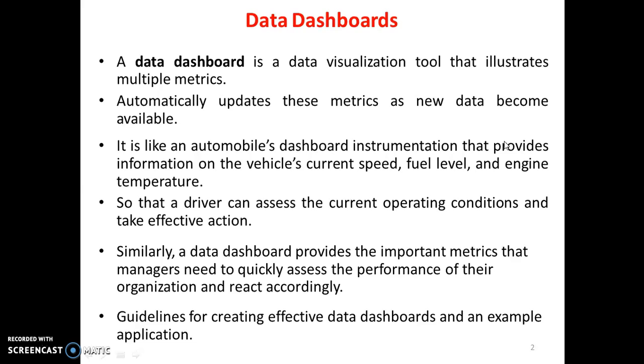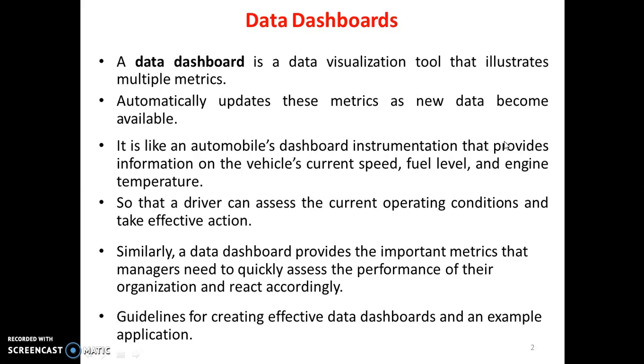For example, if you go by car, in the car there is a dashboard. The dashboard provides details like current speed, fuel level, and engine temperature, so that a driver can assess the current operating conditions and take necessary actions.